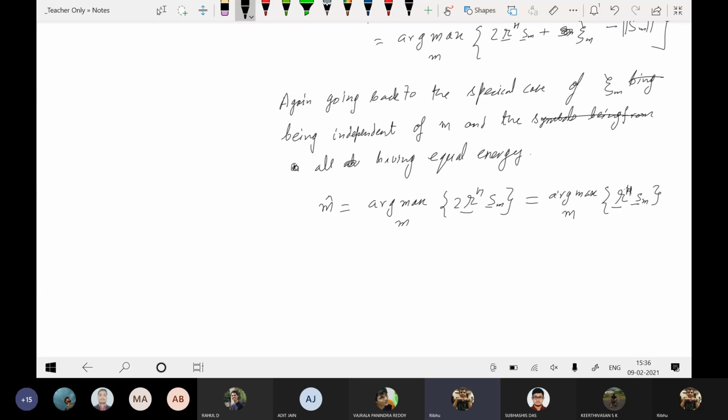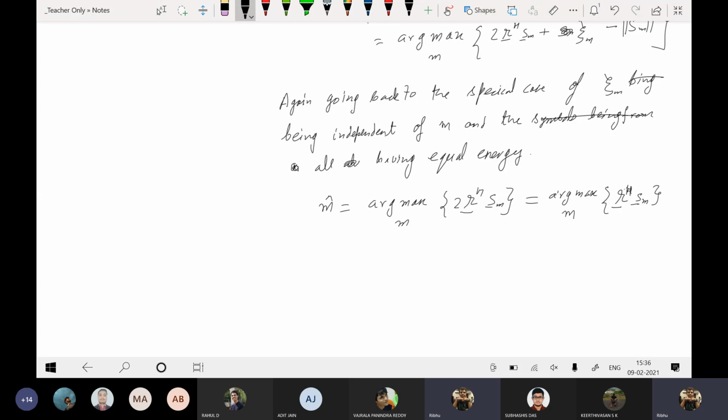Yes, sir. So this is maximizing the correlation. Minimum distance, minimum Euclidean distance, maximum correlation. You have heard of these tricks in machine learning.